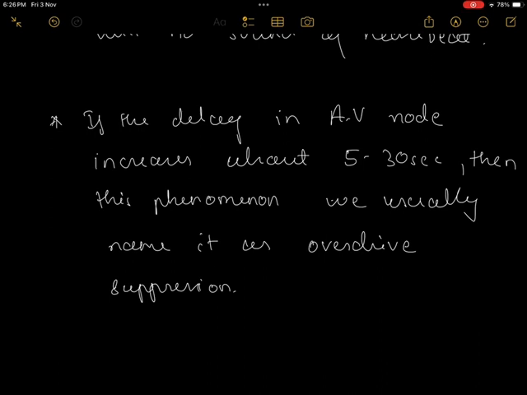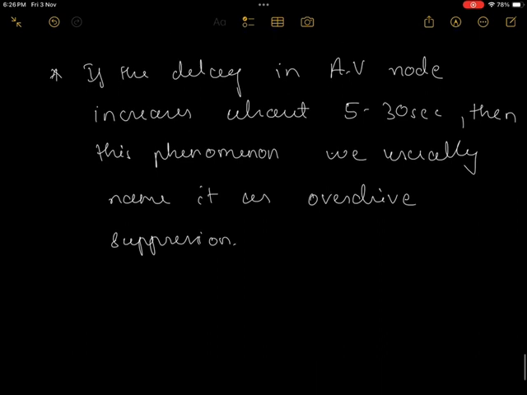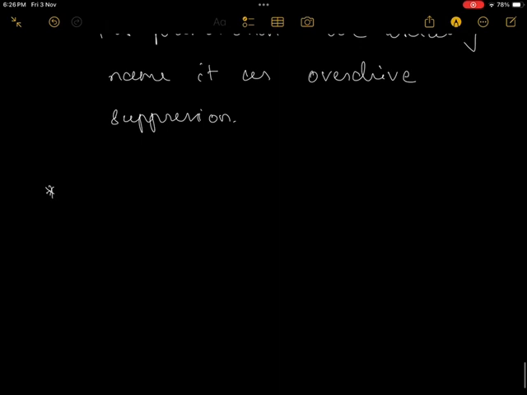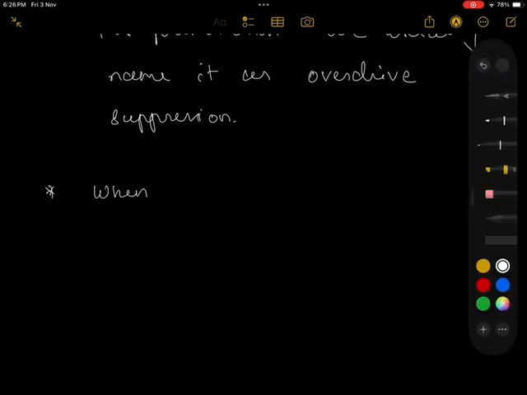So we can say that ventricular contraction is totally dependent on atrial contraction. I'm sorry, let me write down the first point.